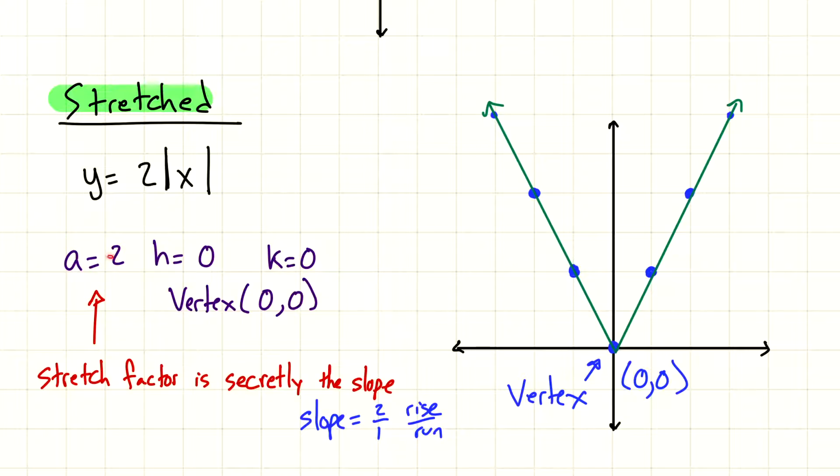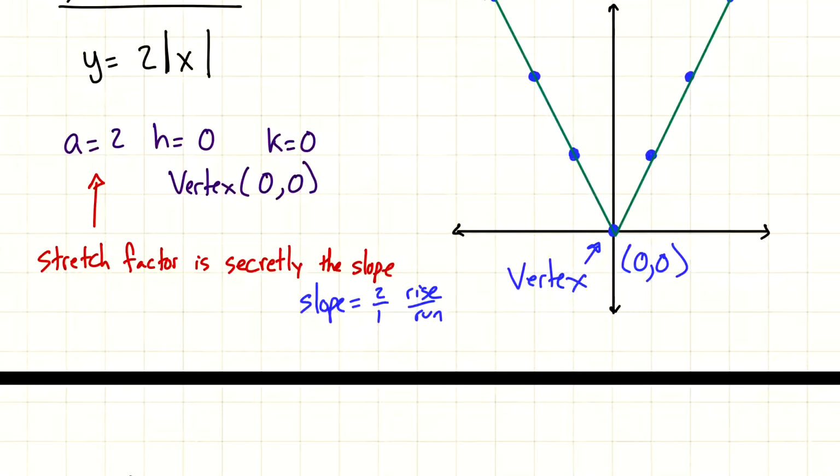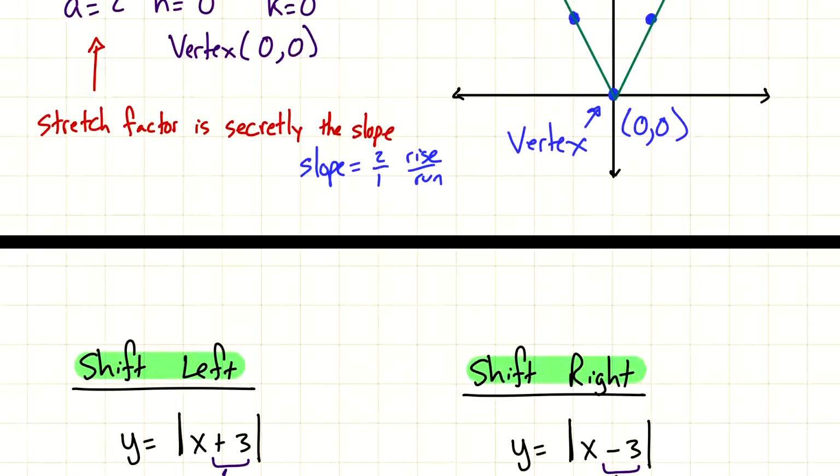If this happened to be a -2, then this whole thing would be upside down instead. Since this is positive, we already knew it was going to be facing up. Hopefully that made sense, and hopefully that helps when graphing these.